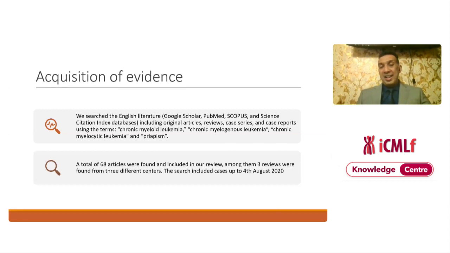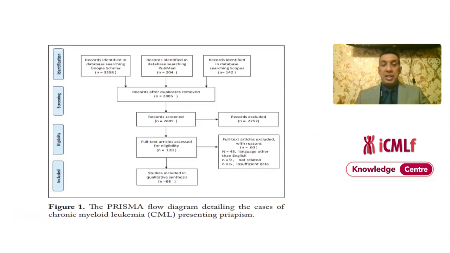A total of 68 articles were found and included in our review. Among them, 3 reviews were found from 3 different continents. The search included cases up to the 4th of August 2020. This is the PRISMA flow diagram, which illustrates our search strategy and how we filtered our topics. And as you see, at the end we end with 68 articles.